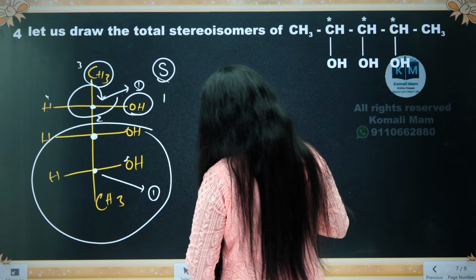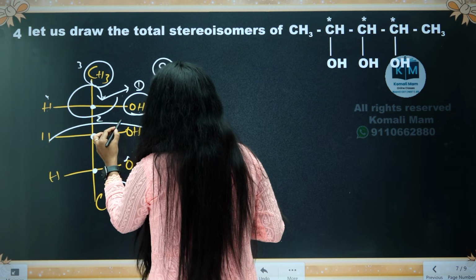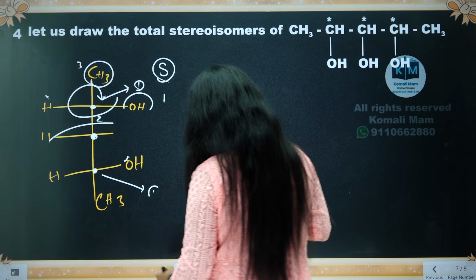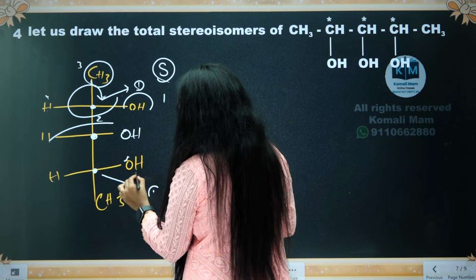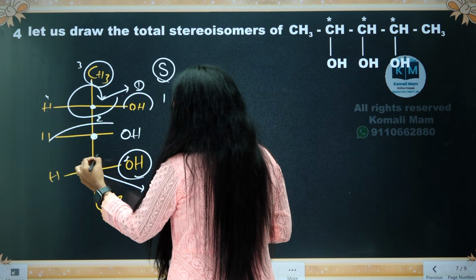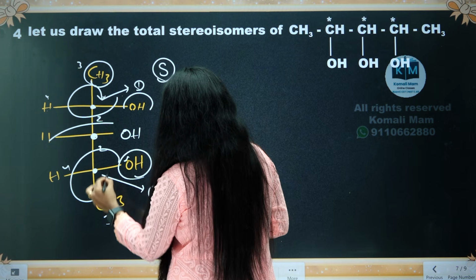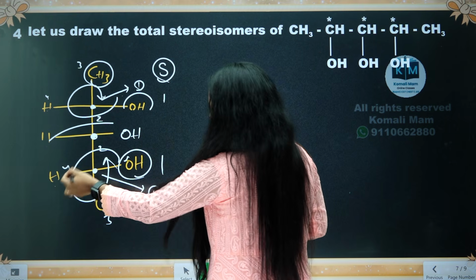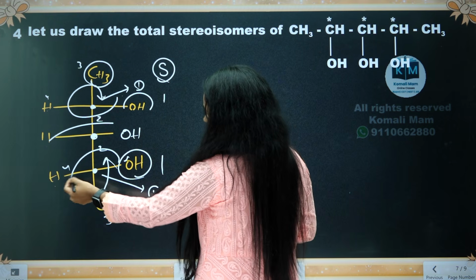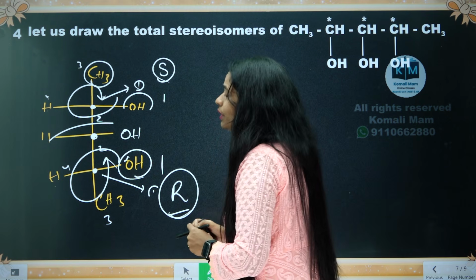Next. Here I am not teaching you how I do R and S configuration. I already uploaded a video on R and S configuration. Next, see here, this entire senior group, next is 3, next is 4, anti-clockwise, so it is S, but the least priority is on the horizontal line, so S converts to R. Ma'am, what are you doing?